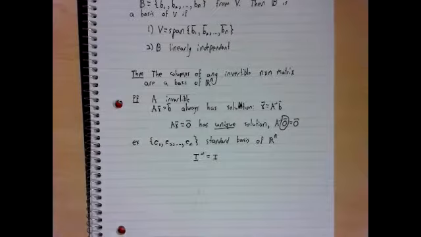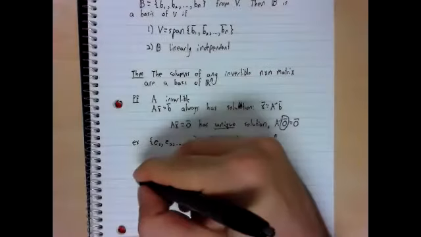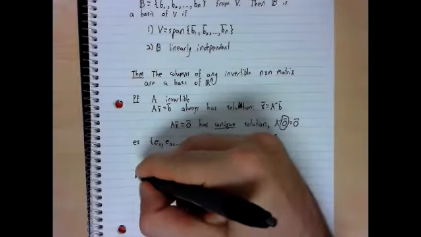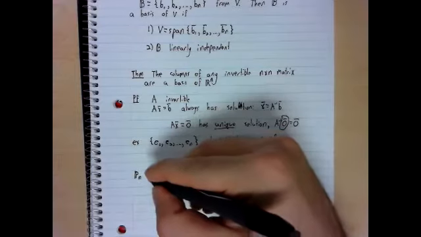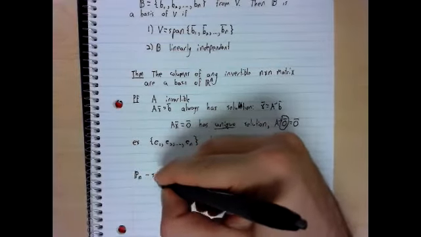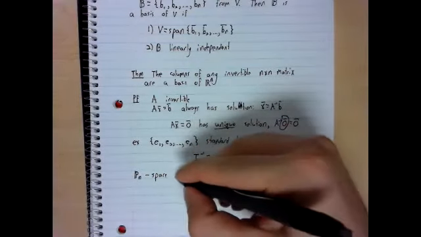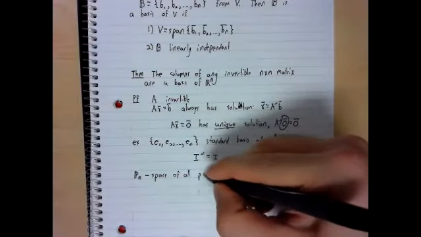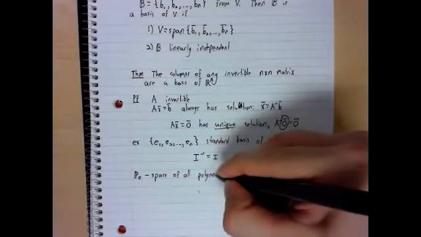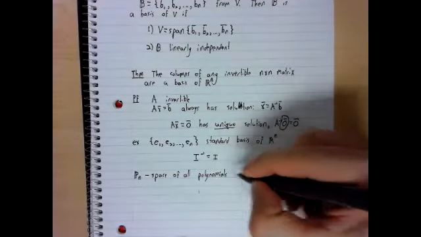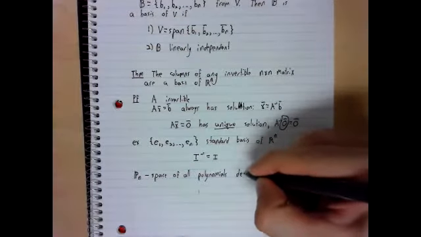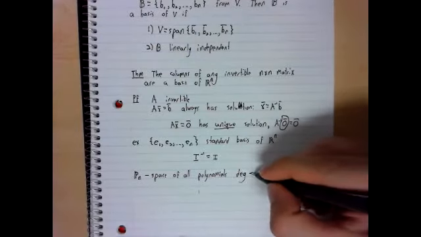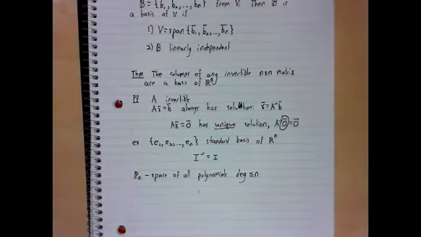One last example. Let's now look at P sub n, the space of all polynomials of degree less than or equal to n.